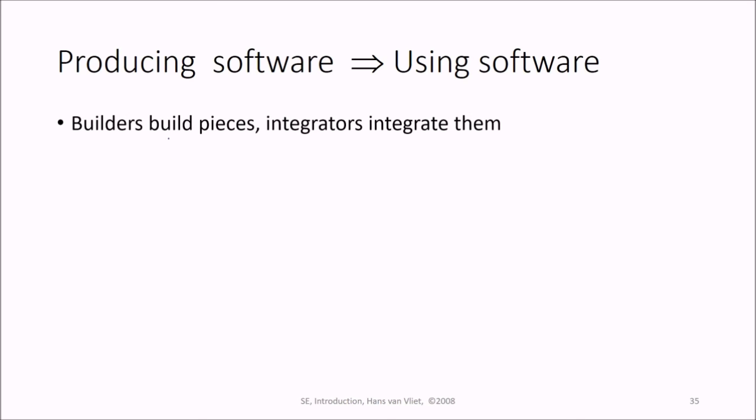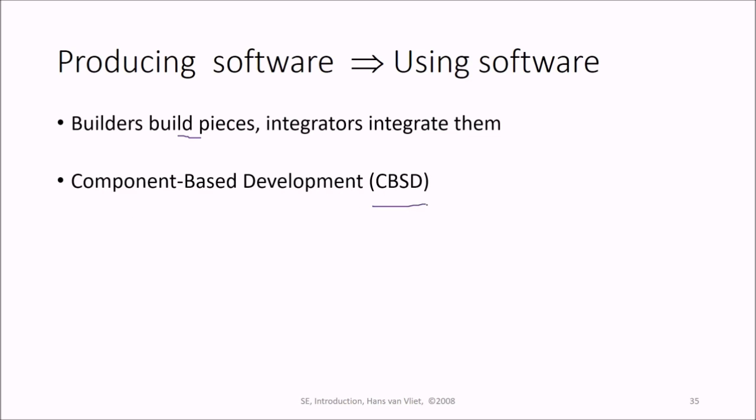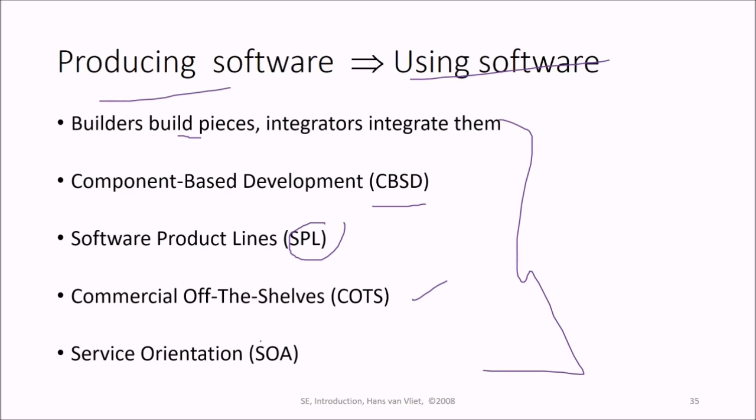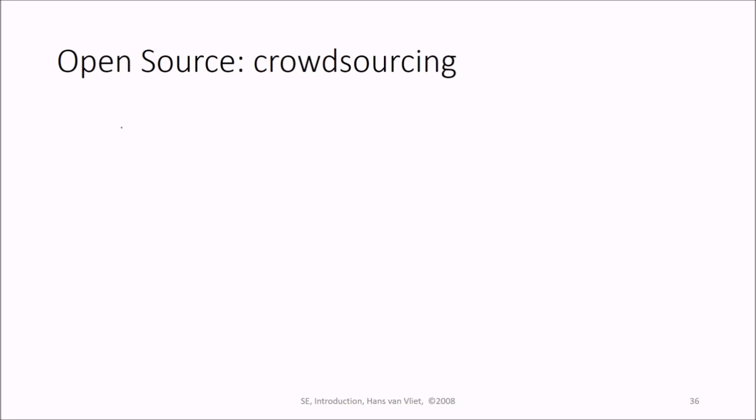That is, builders build pieces and integrators integrate them. We call them component-based development. Also the software product lines, we have commercial off the shelf. So that means producing software has now taken place. Now let us use software employing all these. Now we are subjected to service orientation, web services, service-oriented architecture, open source or crowdsourcing.